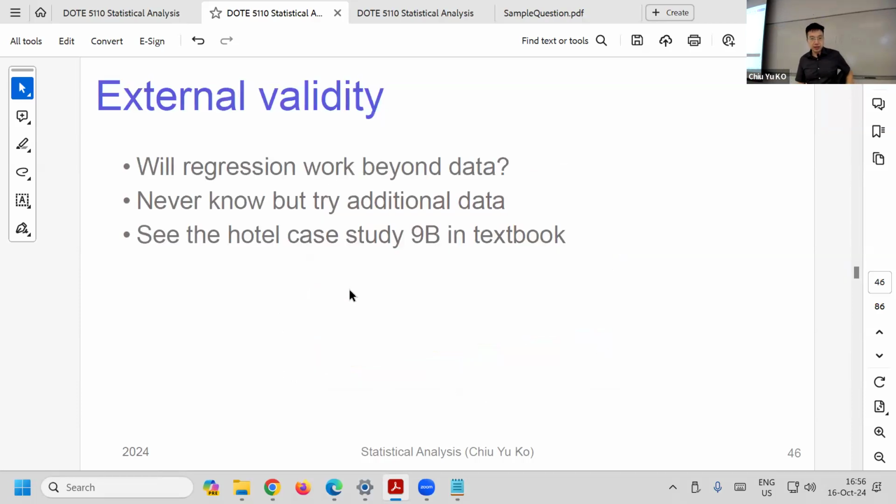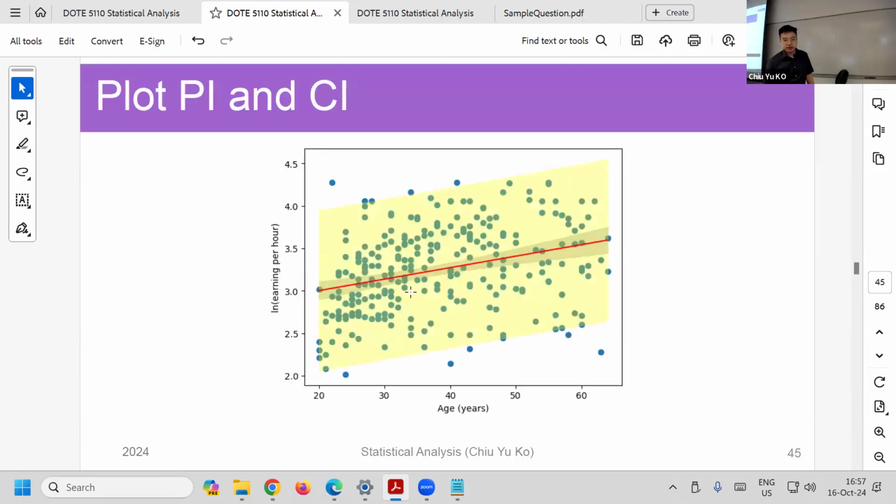So finally, does our regression model actually work beyond the data? That is very important because we summarize Y and X, and we want to know how they're related. And of course, the interval like this tells us how age is related to earning, but is it generalizable? Because this is past data, will it be true or not?